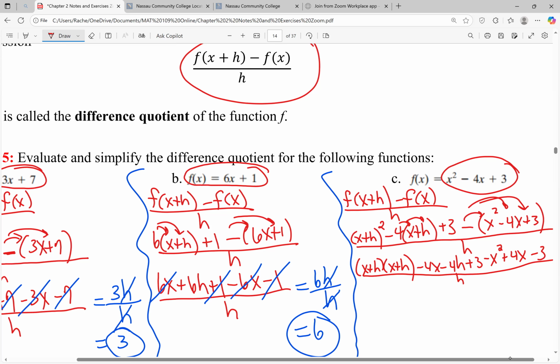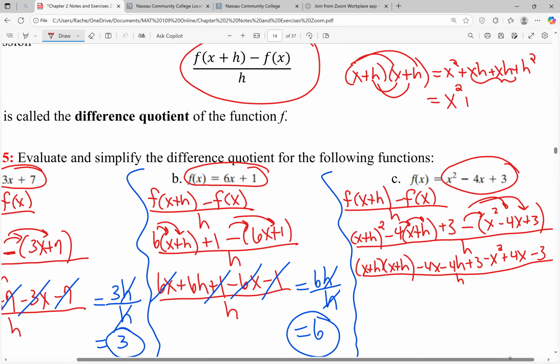So look up here. I'm going to do x plus h times x plus h. We're just using distributive property, right? FOIL. So this is going to be x squared plus xh plus another xh and then plus h squared. And we could combine the two xh's, right? So we're going to get x squared plus 2xh plus h squared.